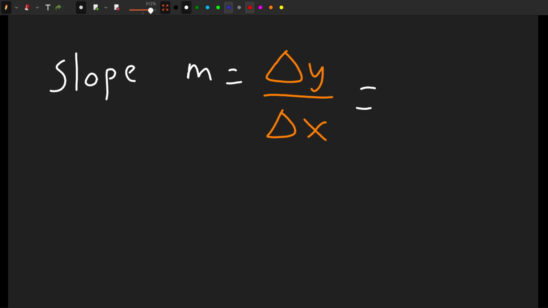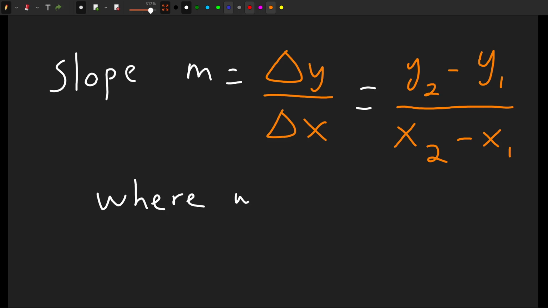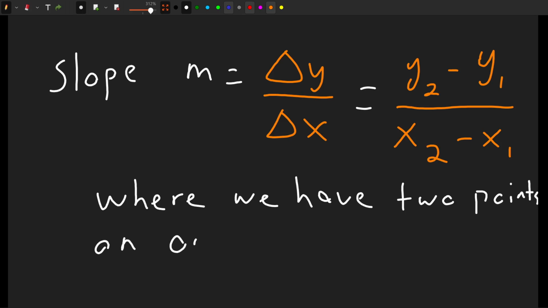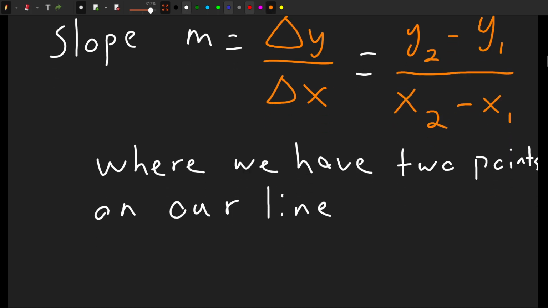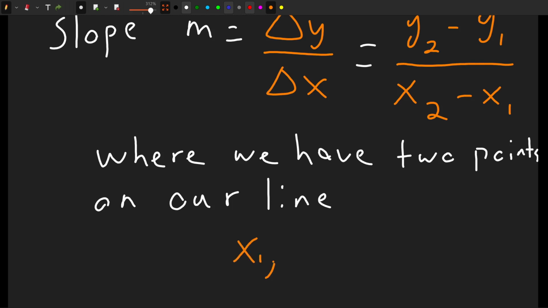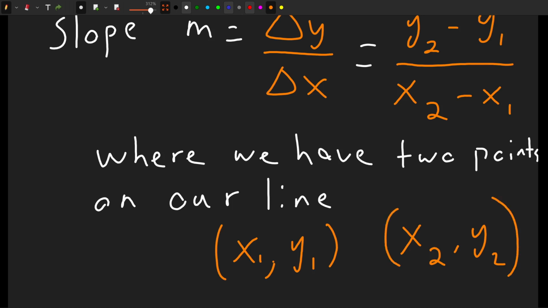What you need to know is that it's the difference in y between y2 and y1, over x2 minus x1, where we have two points on our line, x1, y1 and x2, y2. They have to be on our line specifically.